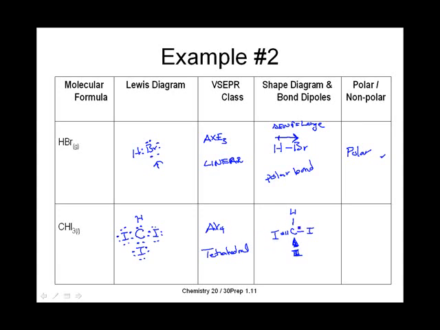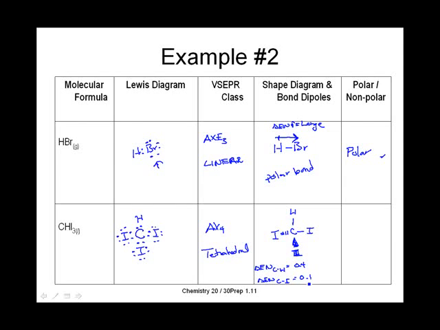Now when we draw the vector diagram, well, first we'll find bond polarity. So we have two different types of bonds, so we're going to write down the differences in electronegativity. The difference in electronegativity between carbon and hydrogen is small. It's 0.4, so it's not a very polar bond. The difference in electronegativity between carbon and iodine is even smaller.